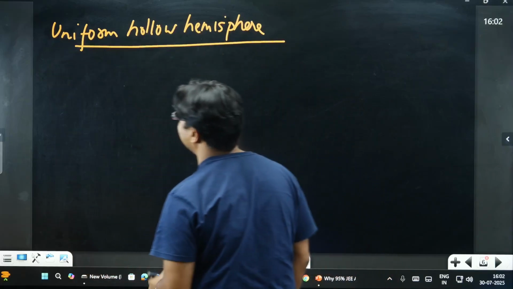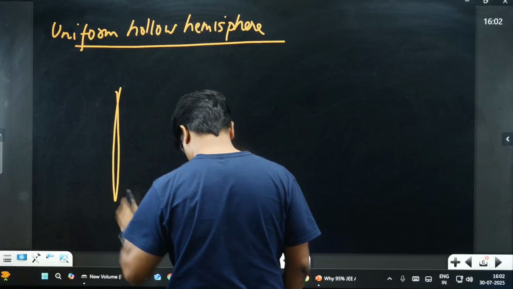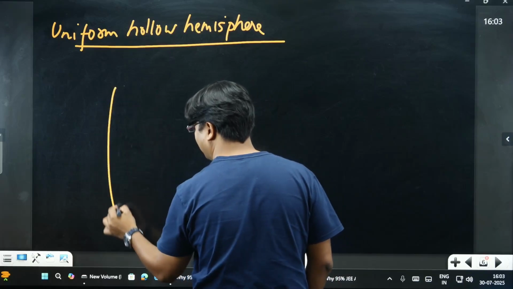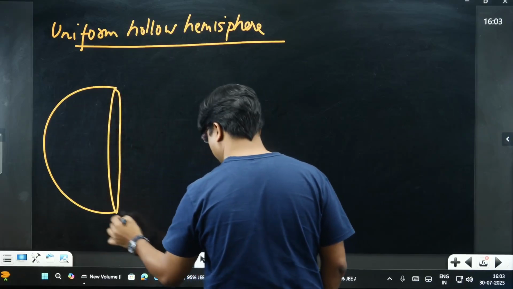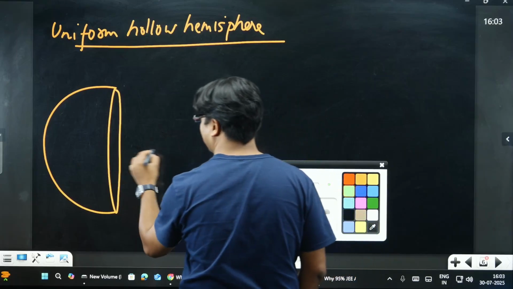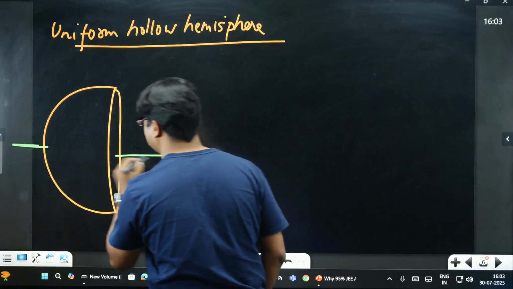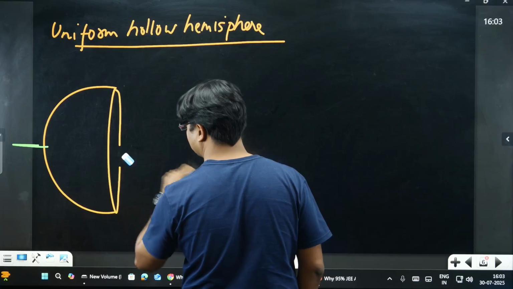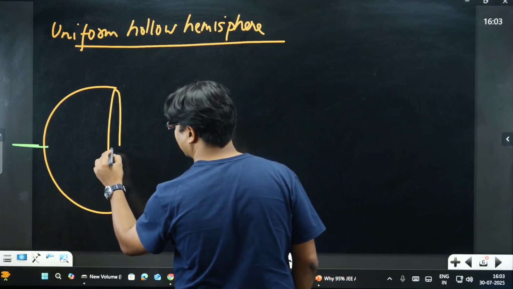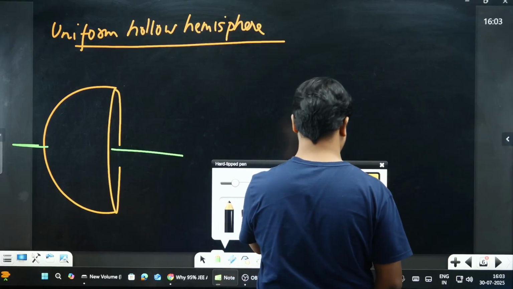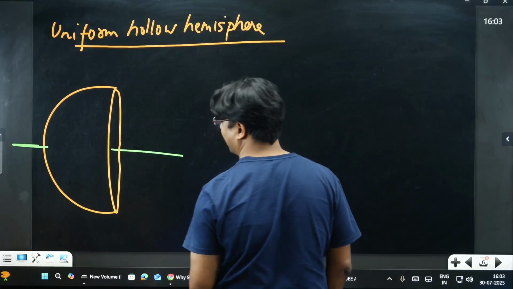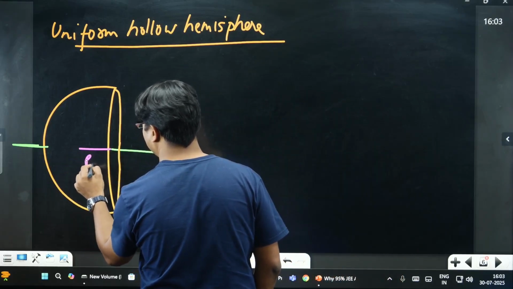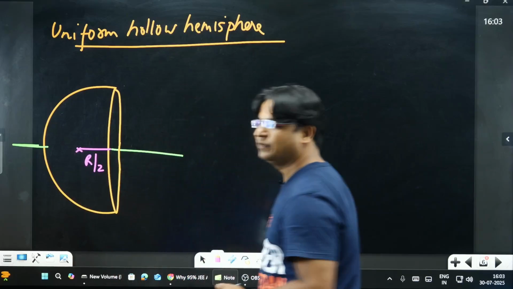So for a uniform hollow hemisphere, the center of mass again will lie on this axis, on this line. And where will it lie? So it would be at a distance of r by 2 from the center.